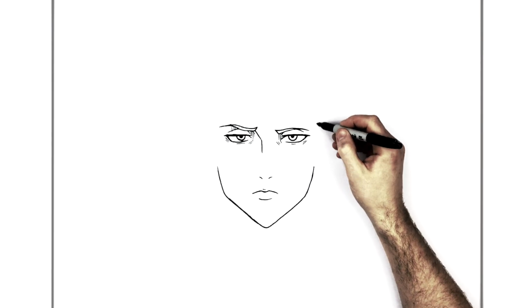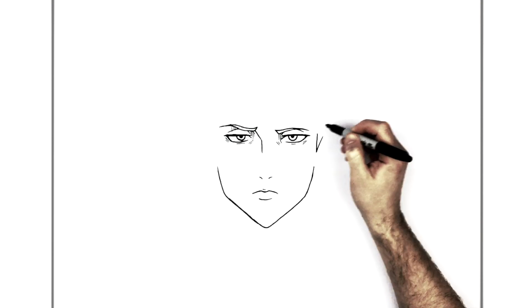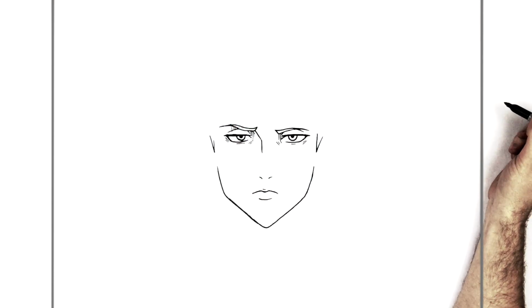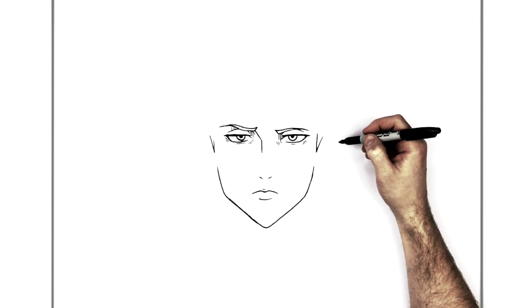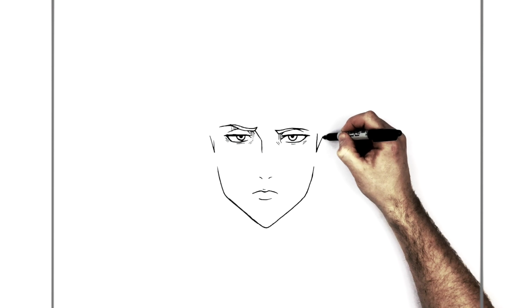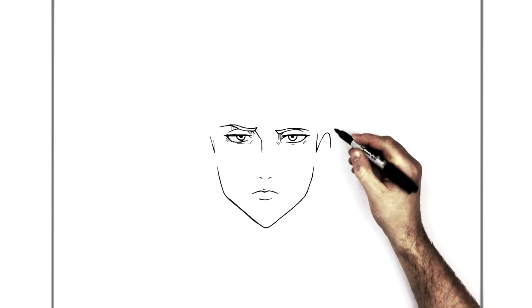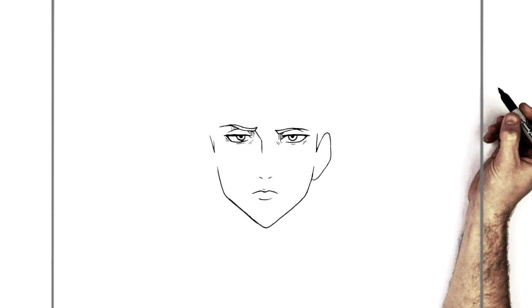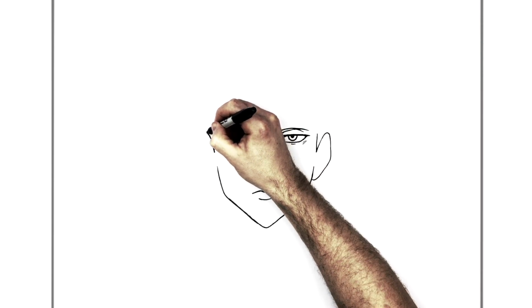Okay, so then just above that we have a bit of a sideburn, just there, and a small one here as well. Right, and then out from there his ears come, so we'll go ear, there, same thing.